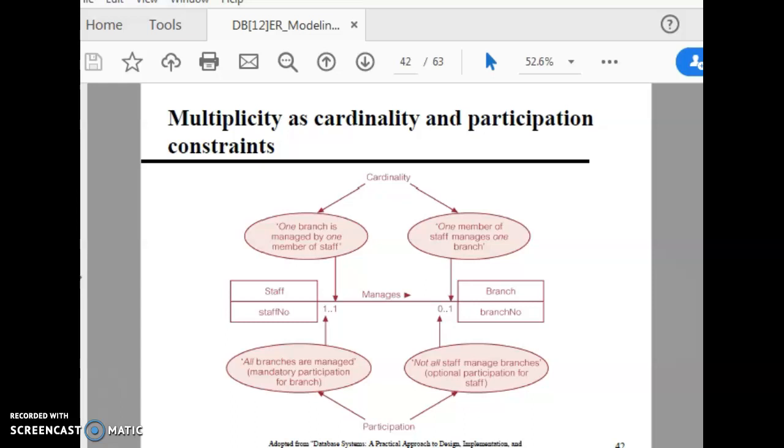And not all staff manage branches. It means optional participation for staff.